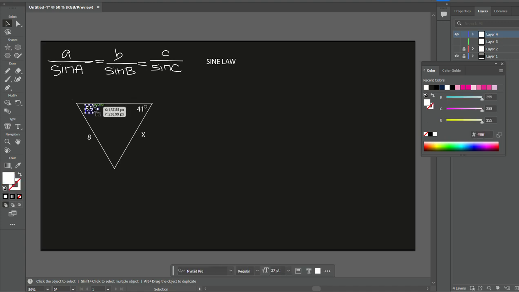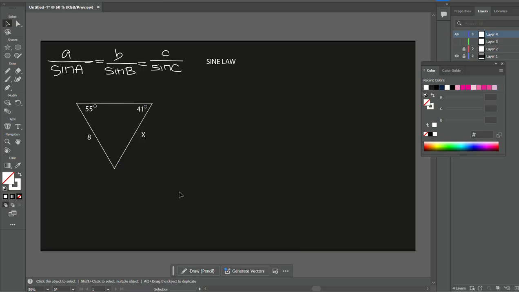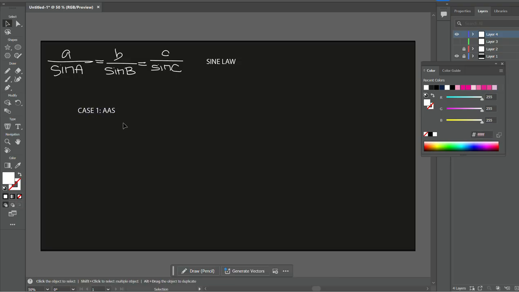Let's start with another example. So this time I'm going to introduce to you what cases are in sine law. For case 1, we have AAS. Two A's here mean two angles, and one S means one side.